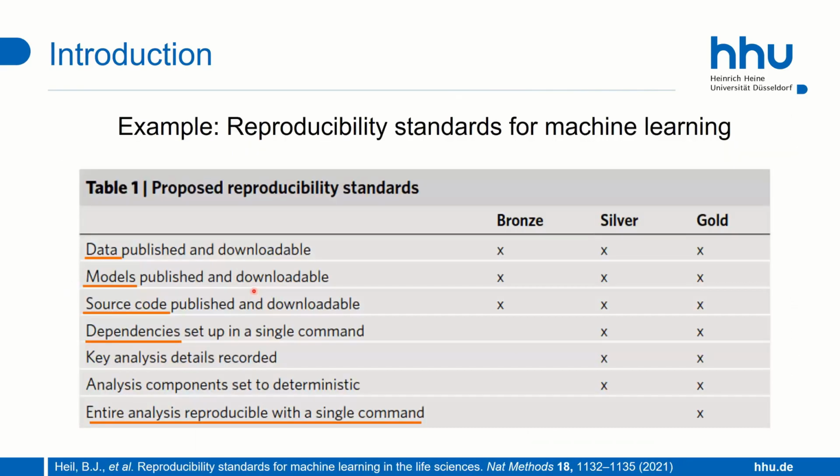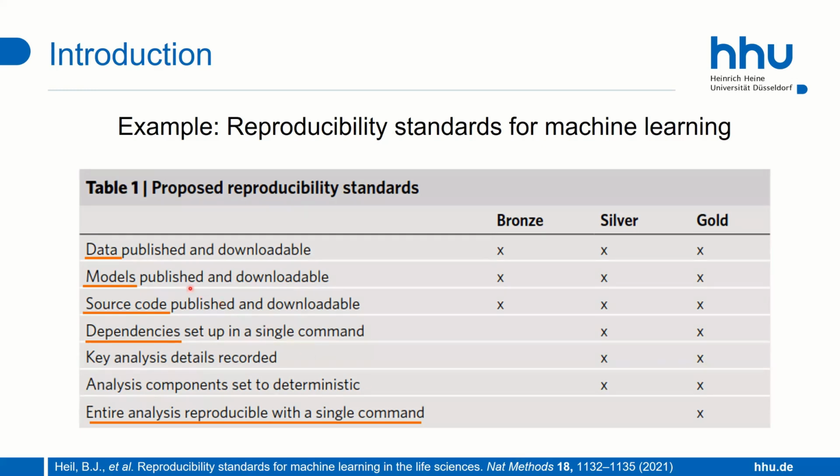As an idea, I take a reference from a different field, machine learning. I would say this is a rather young field, where people are used to working with very large data sets. In 2021, they published a suggestion for reproducibility standards.